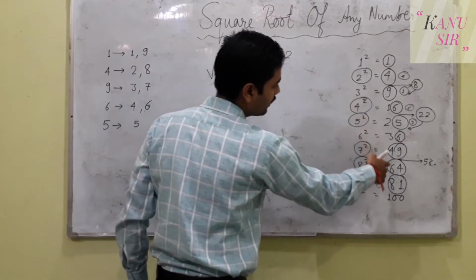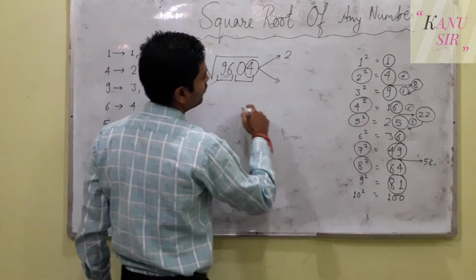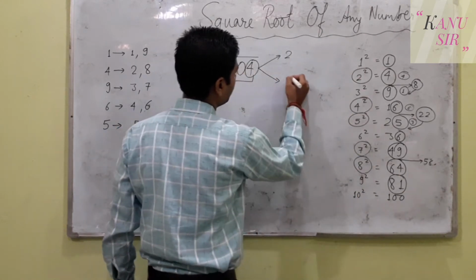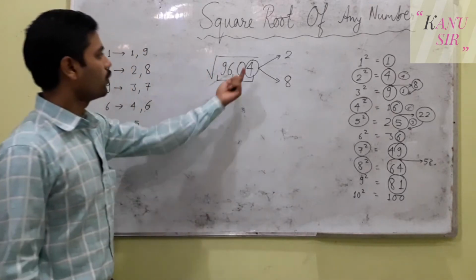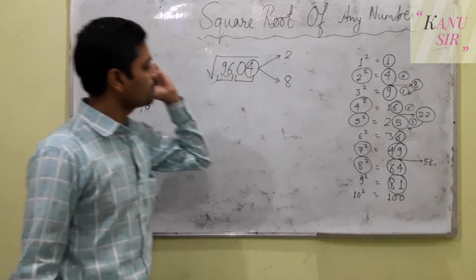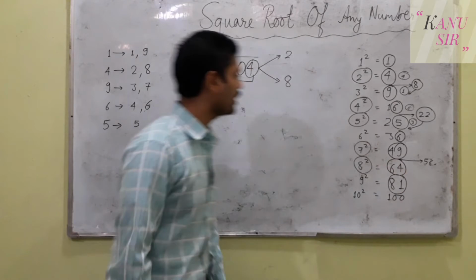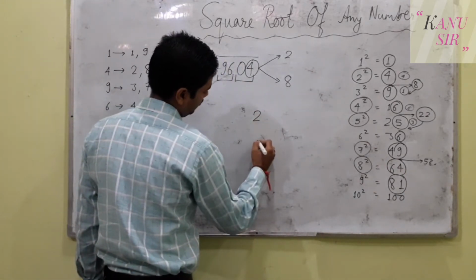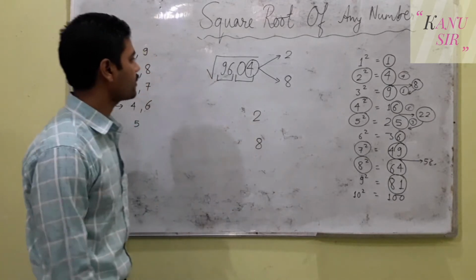It can also be the square of 8. So 4 is not the square of 8, but 4 is being found in the square of 8. So either the answer contains 2 or 8.